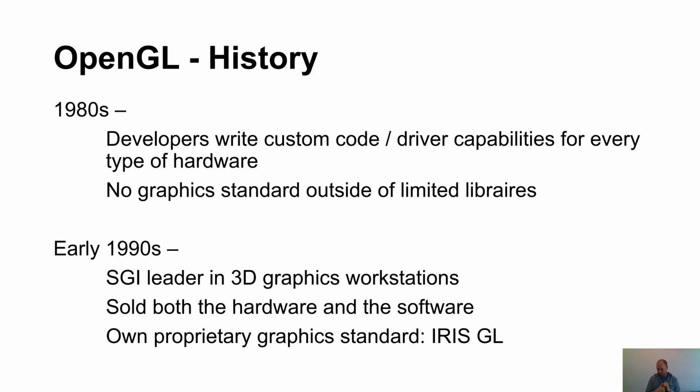SGI built both the hardware and the software, and for that they developed their own proprietary standard called Iris GL, the Iris Graphics Library. They had to. There was nothing else out there. It wasn't proprietary because they wanted it to be. It was proprietary because it had to be.